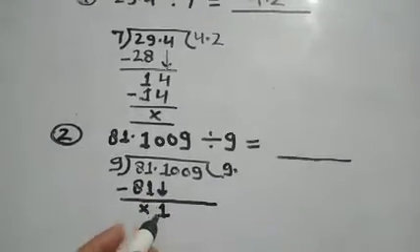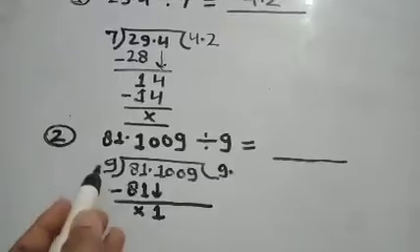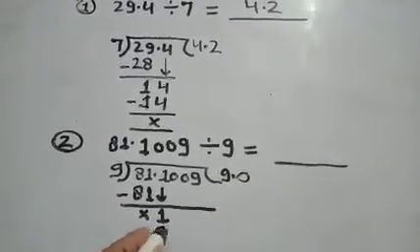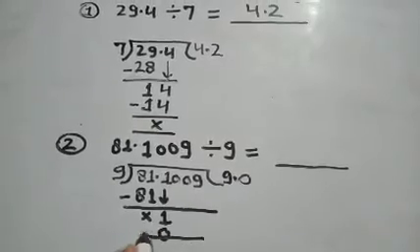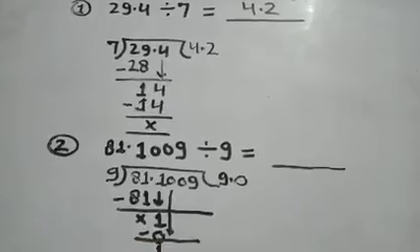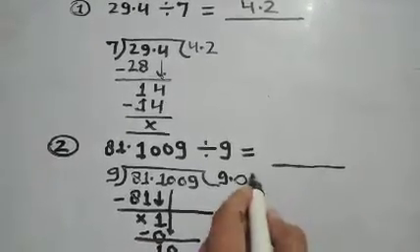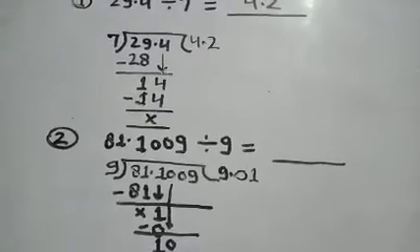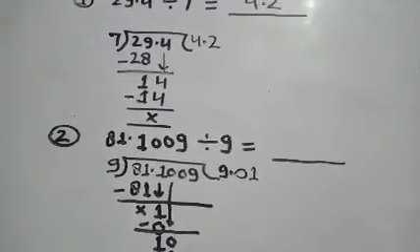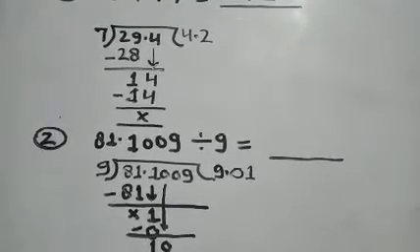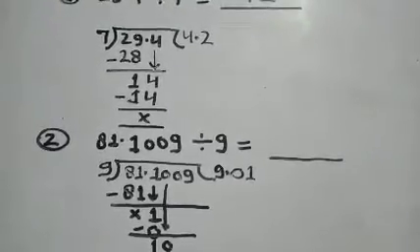Whenever you copy and check the number is smaller than the divisor, put 0 here. 9 0s are 0, then minus. Again, this is 0. 9 1s are 9. Now 1 is the remainder.